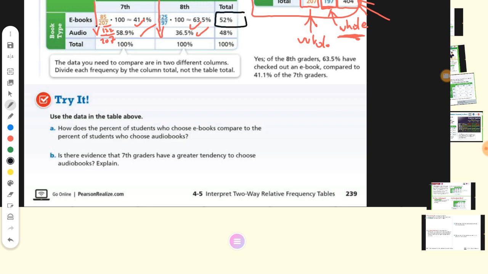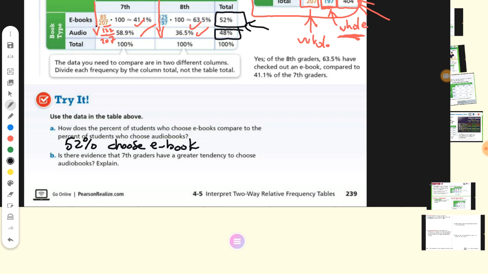As you see here, the total of students who prefer ebook, how much is the total? It's 52. So it's 52% prefer ebook. What about the audiobook? The number of pupils who choose audiobook is 48%.